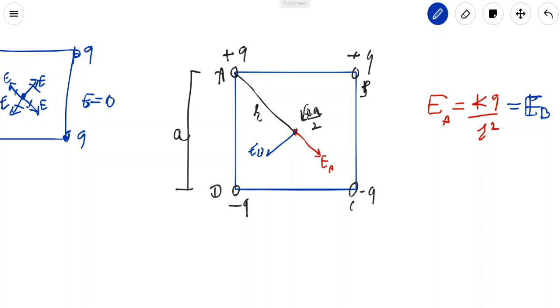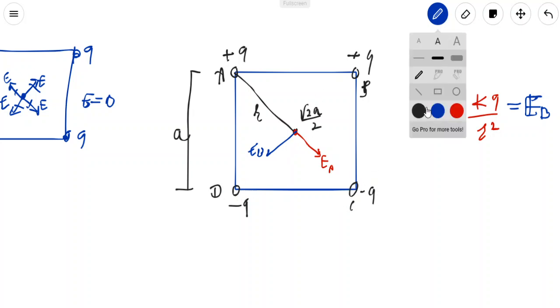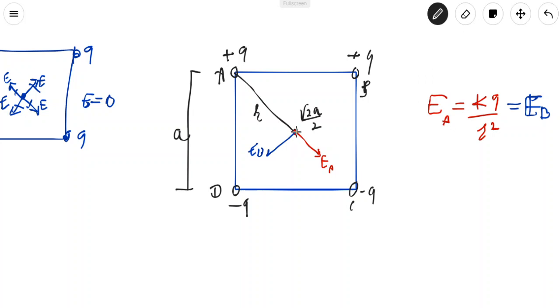Now the electric field because of the charge C. Charge C is negative, so we have assumed that the positive charge is placed on the center, hence our negative charge will attract, so the electric field because of C will be in this direction, because of the attractive force. So it is EC, and the value of EC will also be the same, KQ by R square.